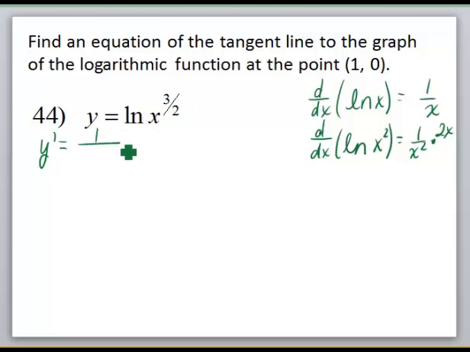So I get 1 over x to the 3 halves. And then that would be multiplied by, we have to take the derivative of this part, so 3/2 x to the 1/2. I'm going to go ahead and rewrite this just a bit.